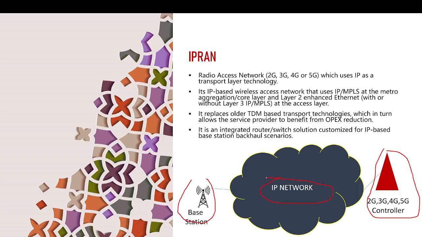Yeah, I've just mentioned that the challenge with the traditional SDH, TDM, and frame relay is the capacity and also the cost of operation, which is very high. So we now introduce what we are calling the IP network. Between the base station and the controllers, we are deploying IP based. So IPRAN is the radio access network that is using IP as the transport layer technology.